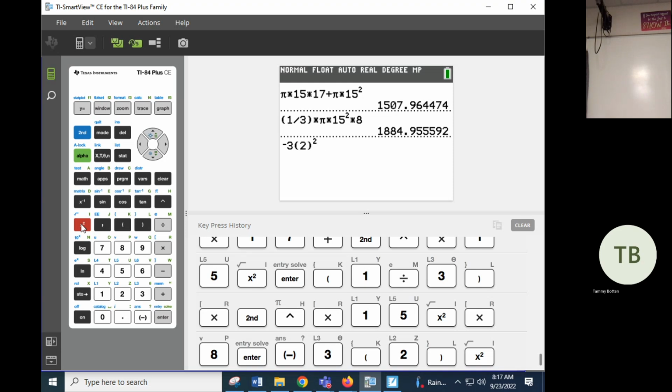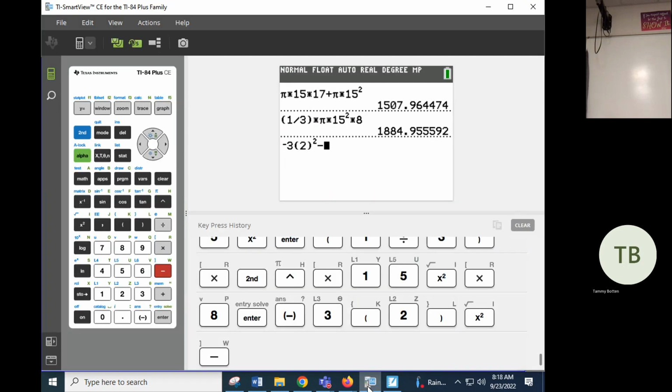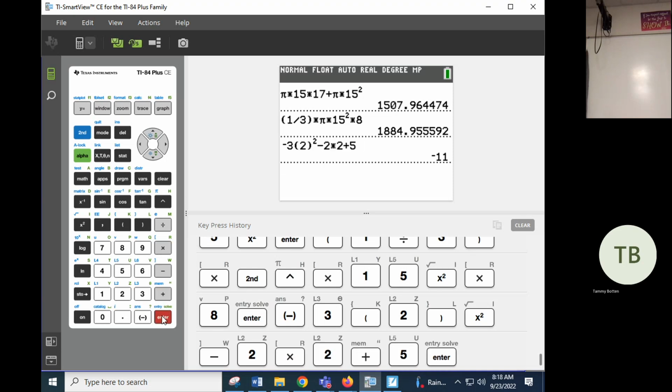But I'm showing you that because if it's a negative, you want to put it in parentheses. So I'm just trying to be consistent there. And then if we go minus 2 times 2 plus 5. Is that what I said? So -11. So you can just punch that right in your calculator.